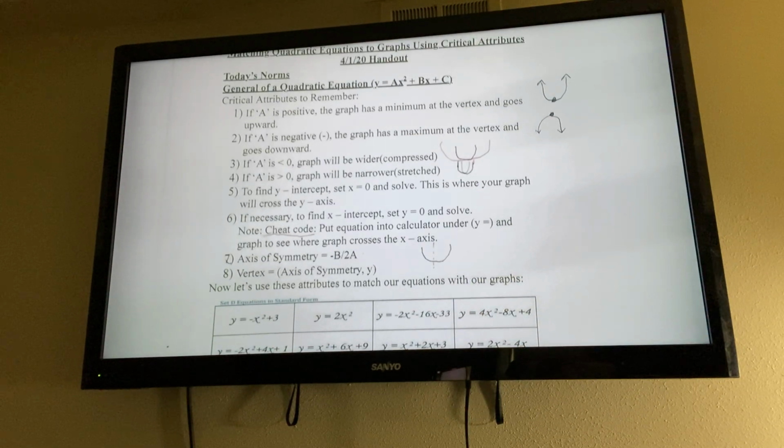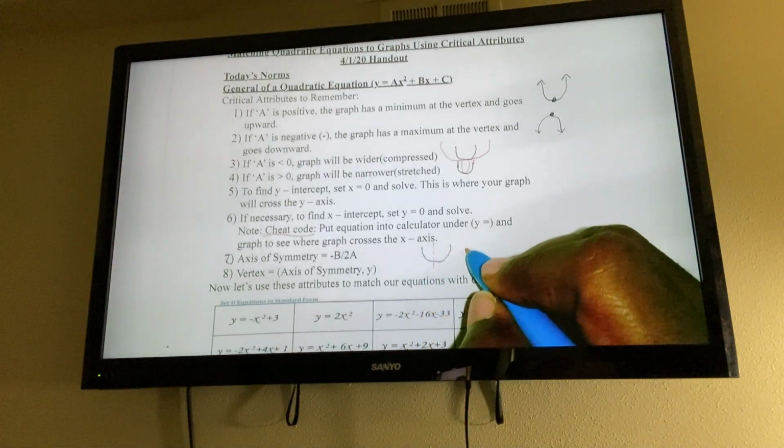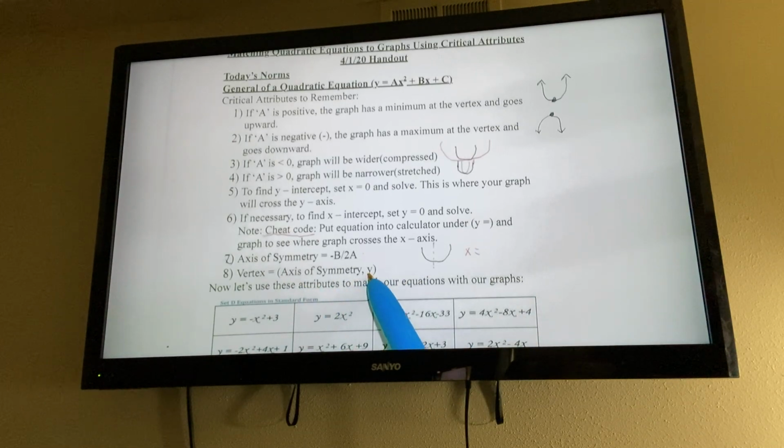And whatever we find the coordinate of the axis of symmetry to be, the vertex is going to be that, comma, y. We can find y by plugging it back into the equation. You'll see all this as we go into our lesson today.